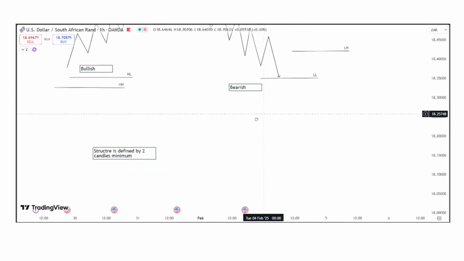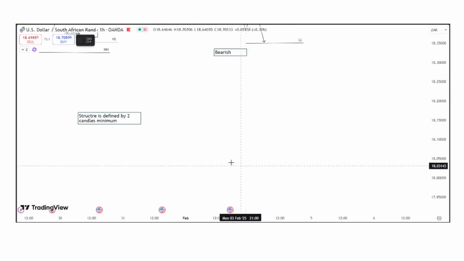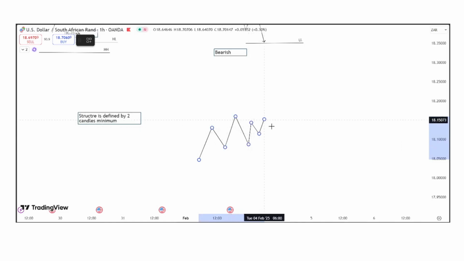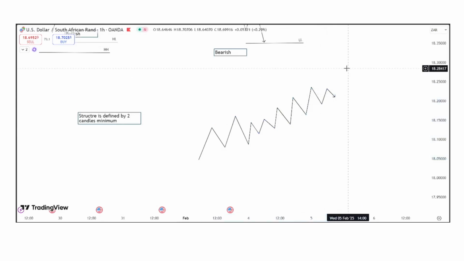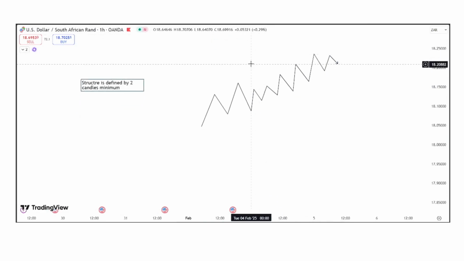So with you understanding that, we'll do a quick example here. We're going to see if you can get this correct. Okay, nothing too hectic. Let's see.